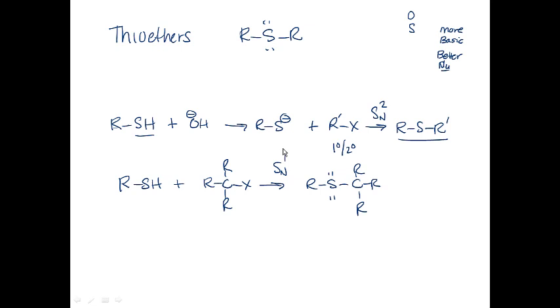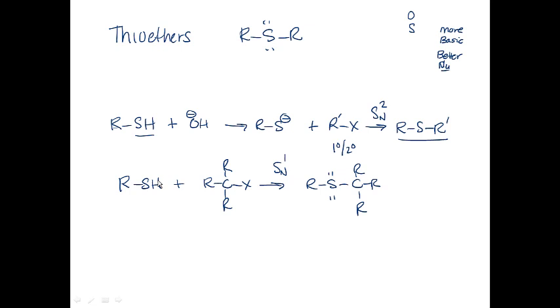And if you're an overly ambitious go-getter student, you could try and write the mechanism for that. It's going to be pretty similar in terms of forming a carbocation and then having the thiol come in and add. So that's two of the methods that we can use to make thioethers. And again, this is just similar to Williamson.